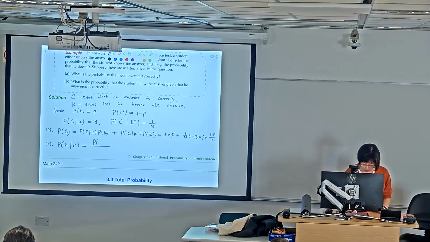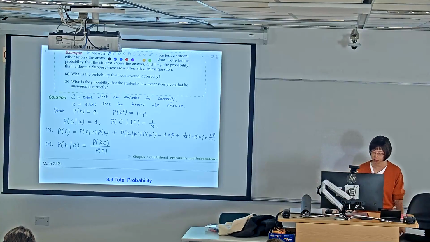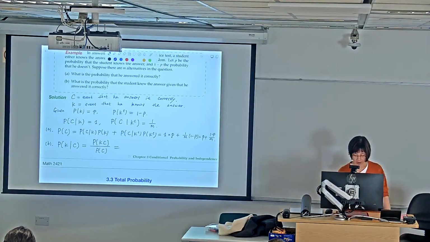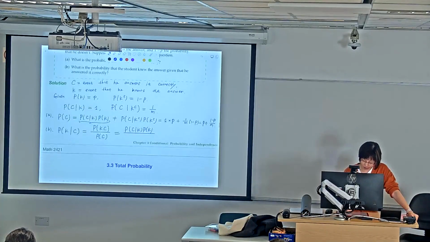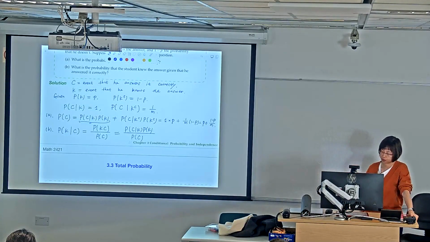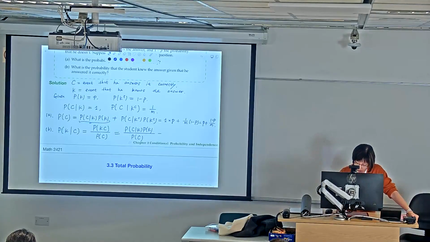This is the probability of K intersect C over the probability of C. And in order to compute the probability of K intersect C, we use the multiplication rule, because we have computed this in part A. So here we use the multiplication rule for the numerator, and then we plug in these values.